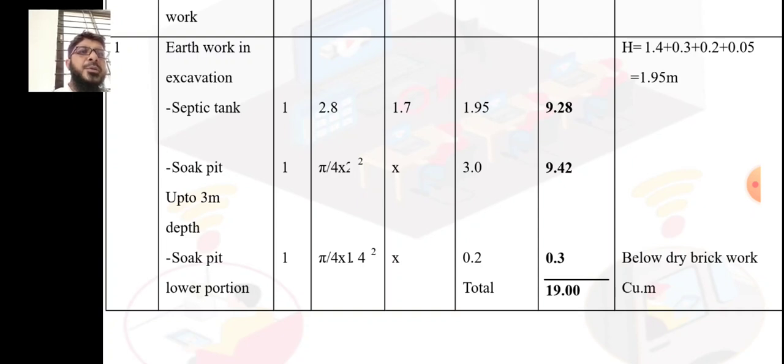So total excavation is 9.28 plus 9.42 plus 0.3, so 19 meter cube. So septic tank is 9.28 and soak pit is 9.42 and 0.3. So total excavation is 19 meter cube.